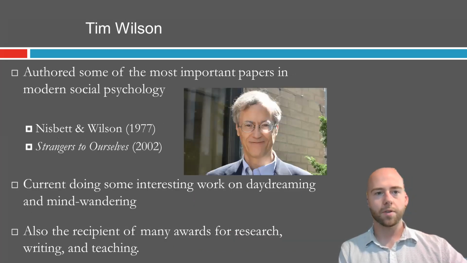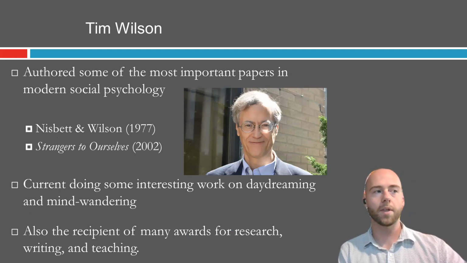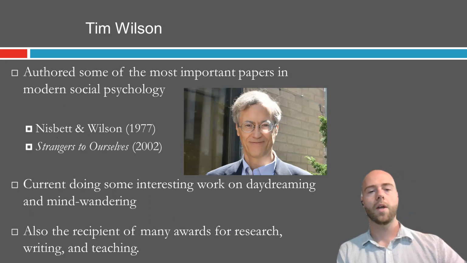But another pretty influential figure in this book is a researcher named Tim Wilson. He has been present on some very important papers in the last almost 40 years now, or I guess for the 77 paper when he was in grad school, that's over, yeah, there's my math, it's okay, 43 years.